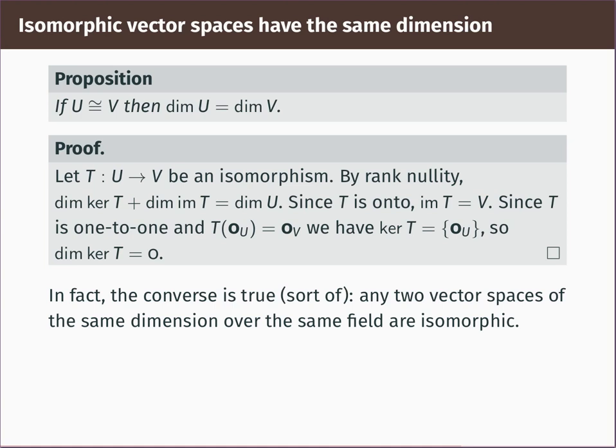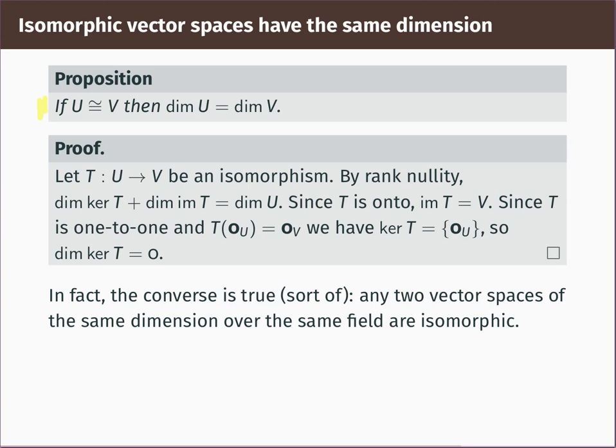So any property that you can state just using the language of vector spaces, not referring to the specific form of the elements, but just talking about these vector spaces as vector spaces, should be shared by any two isomorphic vector spaces. And an example of such a property is the dimension. So this result says that if U and V are isomorphic, then they have the same dimension.